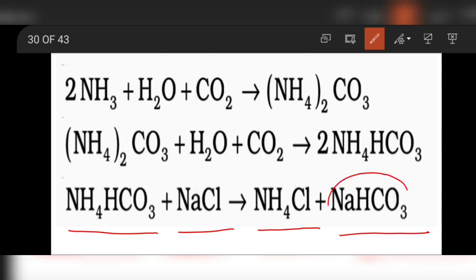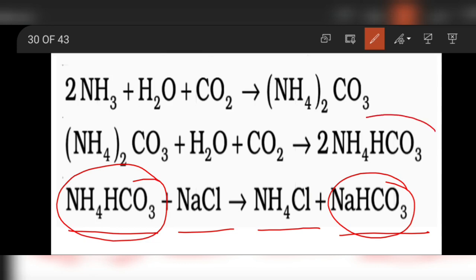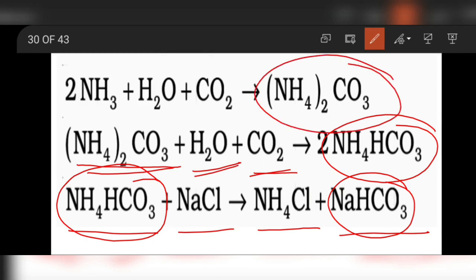So to prepare sodium bicarbonate, you need ammonium bicarbonate, isn't it? So we need to prepare ammonium bicarbonate. To prepare ammonium bicarbonate, you need ammonium carbonate, (NH4)2CO3. Ammonium carbonate reacts with CO2 gas and water to give ammonium bicarbonate. Now to get ammonium carbonate, you need ammonia. This is the first reaction, that is ammonia reacts with water and carbon dioxide to give ammonium carbonate.